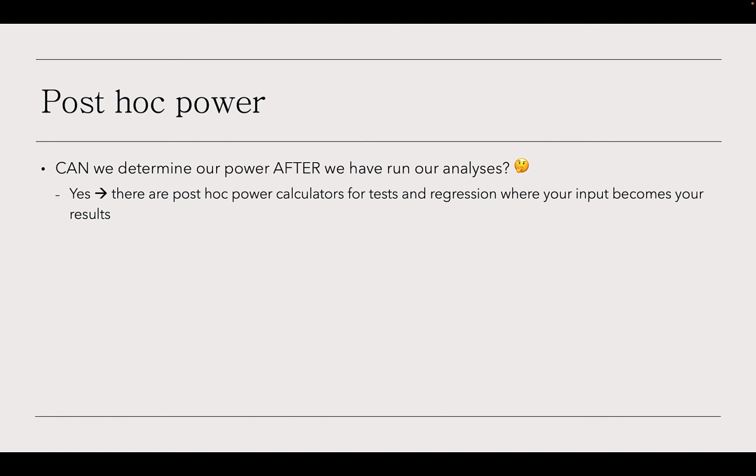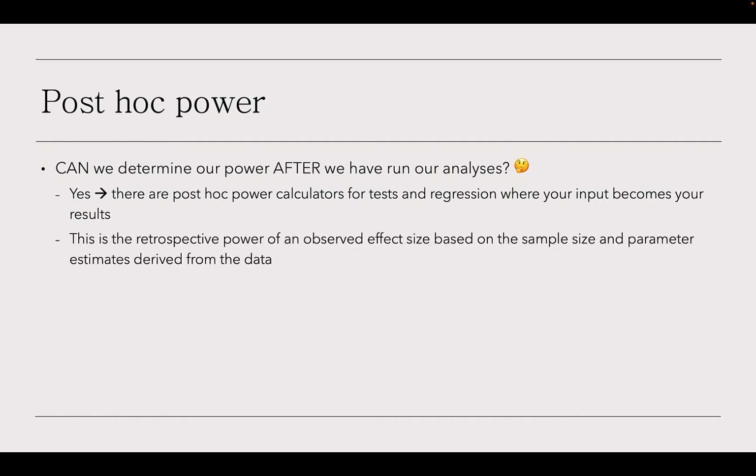And I've given you a couple of post hoc power calculators for t-tests and regression, where your input becomes your results. This is often referred to as retrospective power or observed power. This observed power is based on the observed effect size, the sample size, and parameter estimates derived from the data. So hopefully you're seeing a bit of a circular loop here that could be problematic.